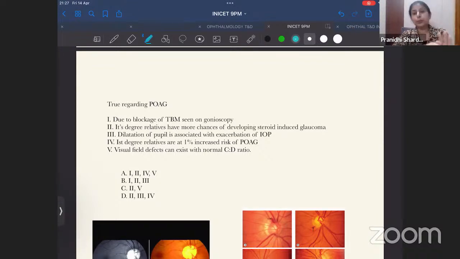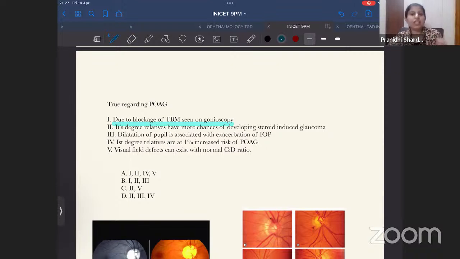So let us try to understand each of the options. First is due to the blockage of trabecular meshwork. Firstly, the question is about open angle glaucoma. In open angle glaucoma, we do not find anything on gonioscopy. Gonioscopy is used mainly in the diagnosis of angle closure glaucoma, because gonioscopy is normal in open angle glaucoma.